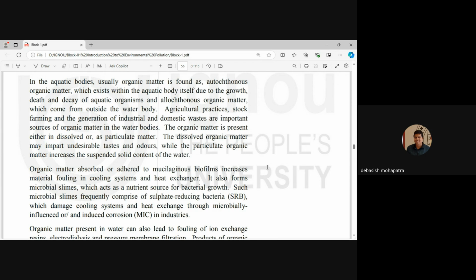Agricultural practices, stock farming, and the generation of industrial and domestic waste are important sources of organic matter in water bodies. This organic matter is present either in dissolved or in particulate form.